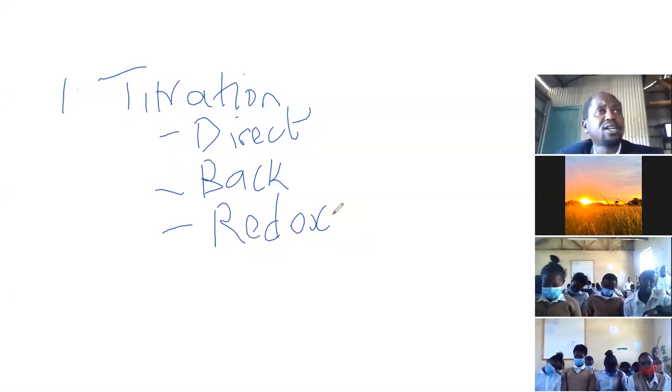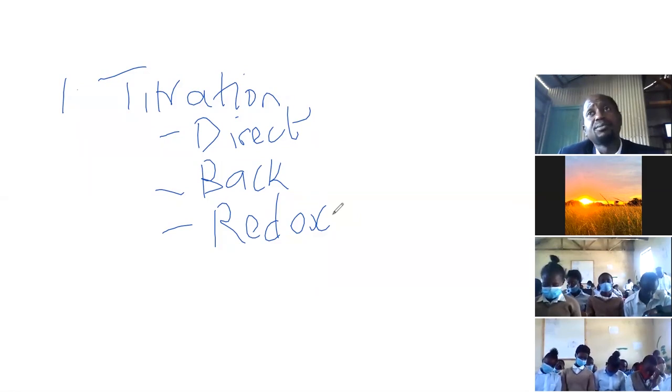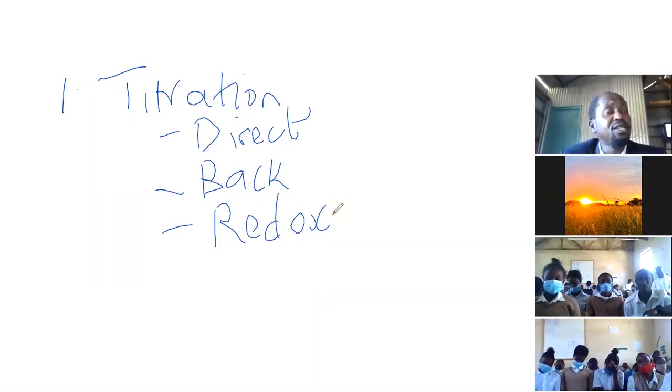So the basic about back titration, we normally have a pure substance which has a high concentration being reacted with another substance. But because of its high concentration, that first substance is not completely used up. Some of it remains unreacted.